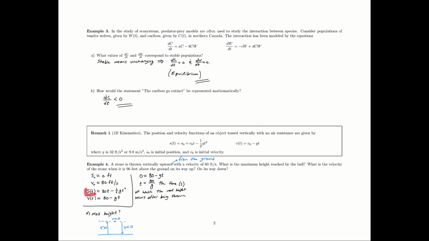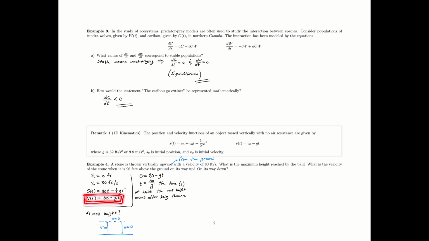So if we get information about position, we can't necessarily directly import it into the velocity equation. We first have to take this information we know about position and translate it to a time. And then we can take that time and plug it into this equation, and then we can get velocity information out of it. We just did that exact same process, but here we started with information about the maximum height.